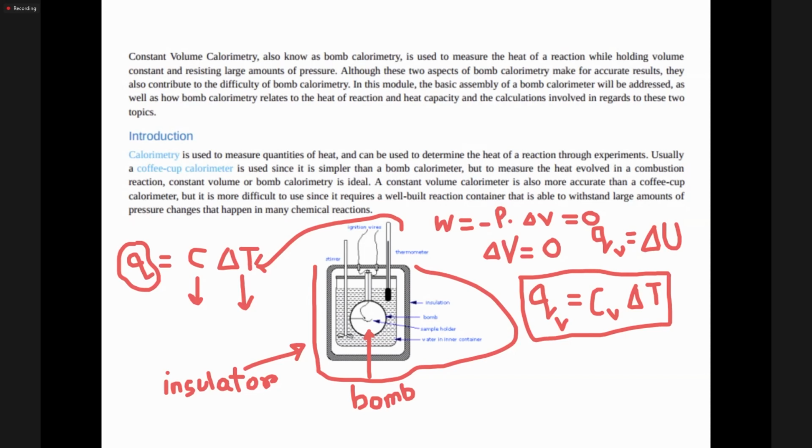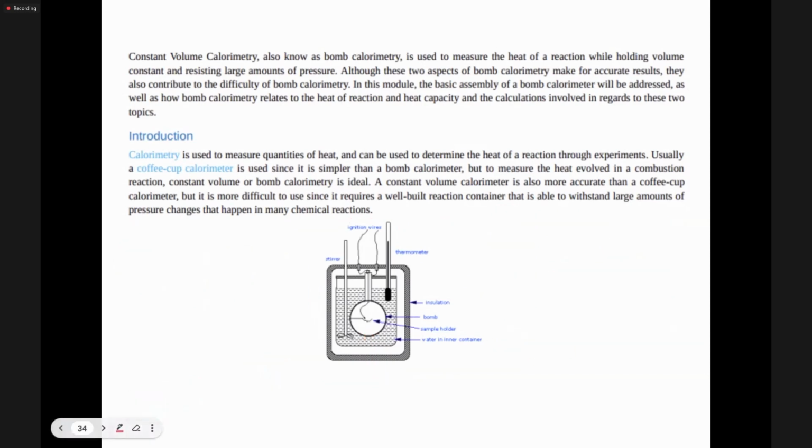So the heat absorbed or evolved, that is QP at constant pressure, is also called the heat of reaction or enthalpy of reaction. So heat evolved at a constant pressure, that is atmospheric pressure, is called the heat of the reaction or the enthalpy of the reaction. So we have QP over here, which is delta H.